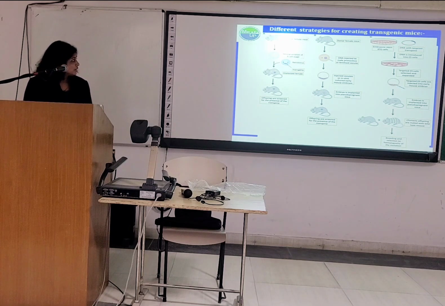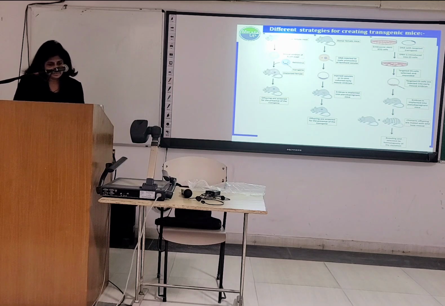In case of retroviral, by using retroviral infection, the donor female mouse is taken, the mouse embryo at 8-cell stage, the retrovirus containing the transgene is inserted into the embryo, and it is then implanted into the pseudo-pregnant mother, surrogate mother, and then the offspring are screened for the presence of transgene.